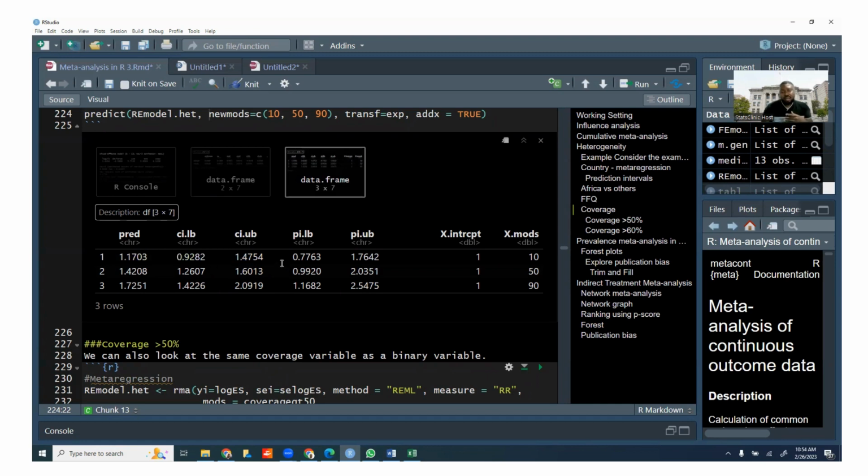Which tells you that the coverage has to be high enough up to some point before you begin to see an effect. If the coverage was 50%, 1.42. If the coverage was 90%, 1.73.